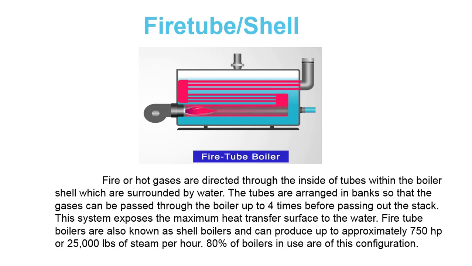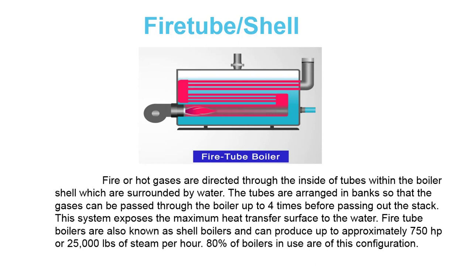In this picture, you can see the picture. It shows combustion fire. It starts with the first pass, then again up. You can see the tube second pass, then top third pass. Finally, it goes to the chimney. Through the chimney, it goes to the ambient.